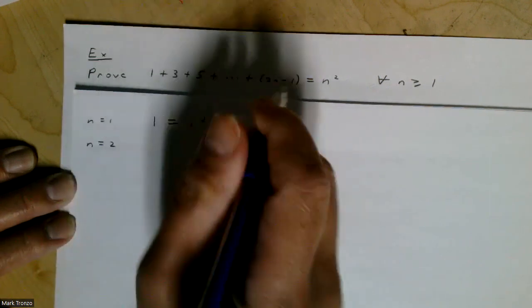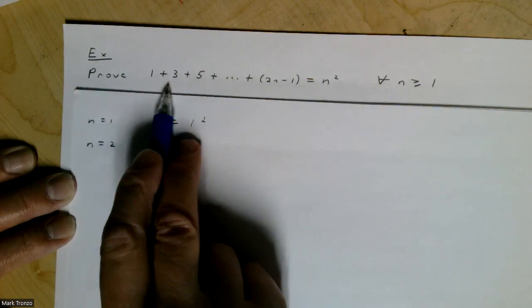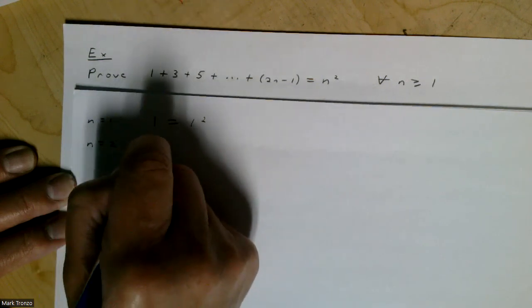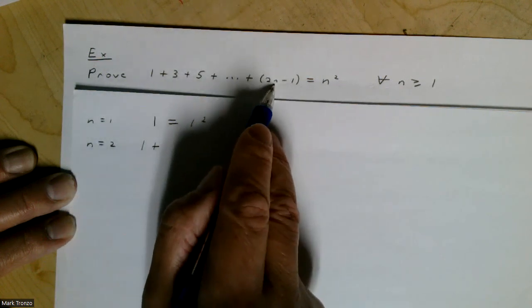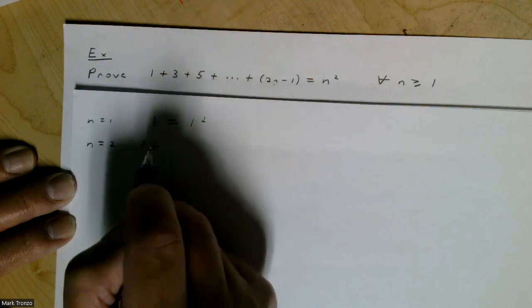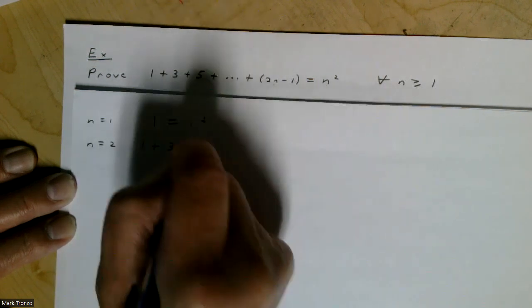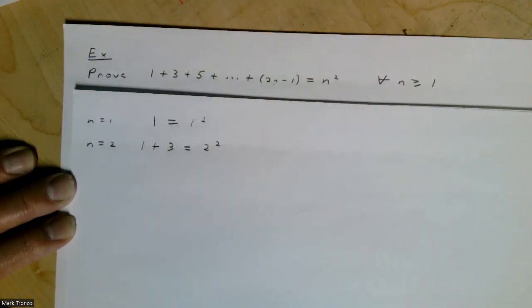The formula is 2n minus 1, but you're always adding that term. So we're going to have 1 plus 2n, so it's going to be 4 minus 1, which is 3, equals 2 squared on the right-hand side.